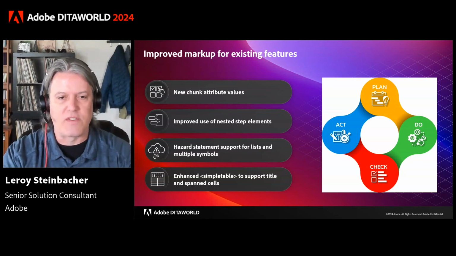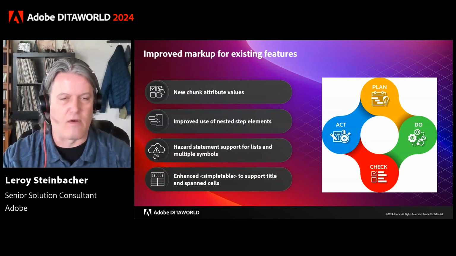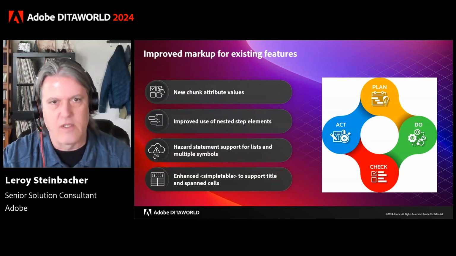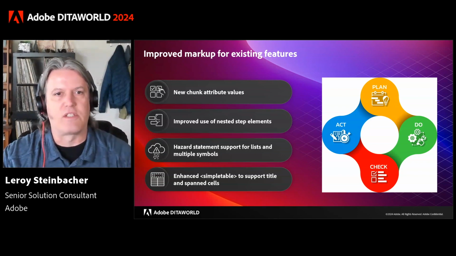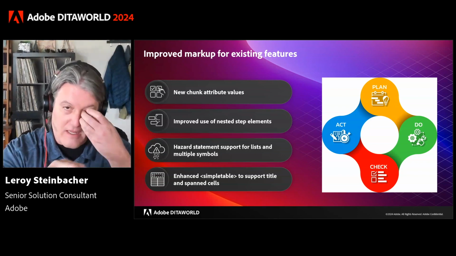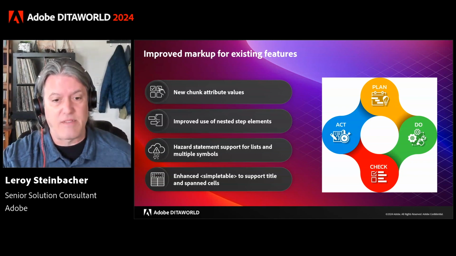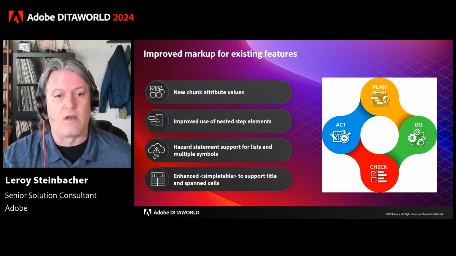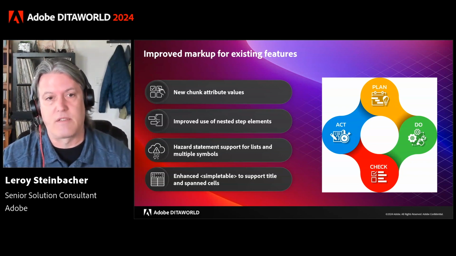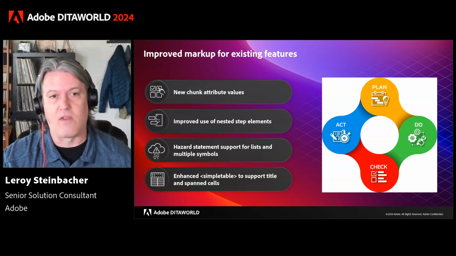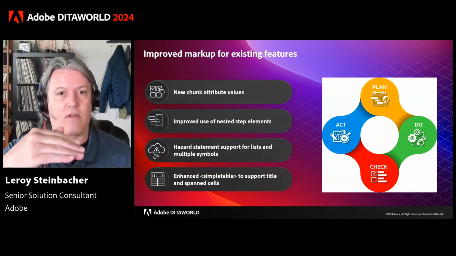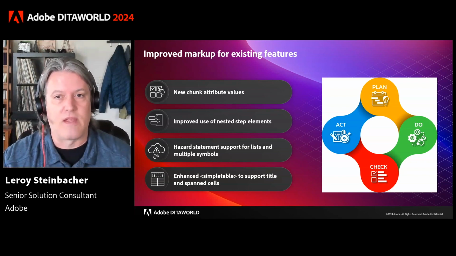There's no way to use that content at any different level of your task steps. So now, instead of having step, sub-step, you're going to have step, steps, and step. So you can nest the step element to give you your lower level of task steps. And then you can reuse any of those steps at any level of any of your other tasks. So that's kind of a nice feature.